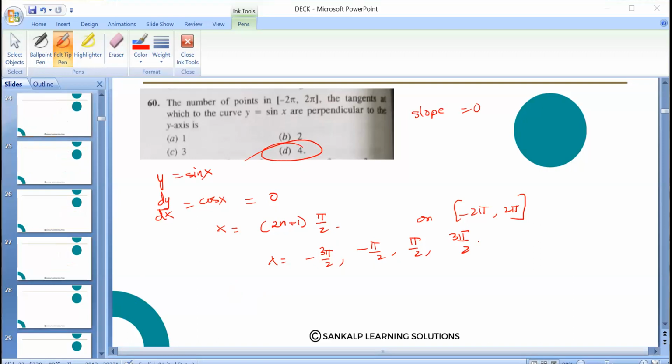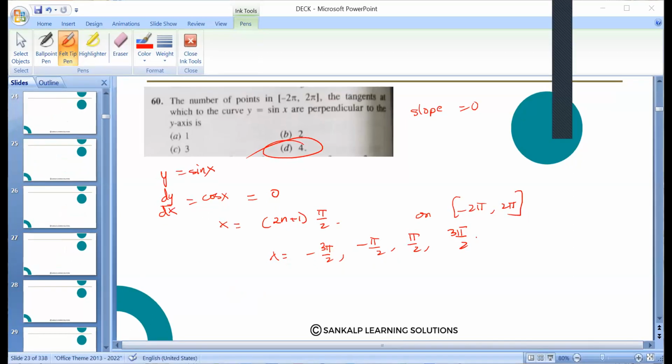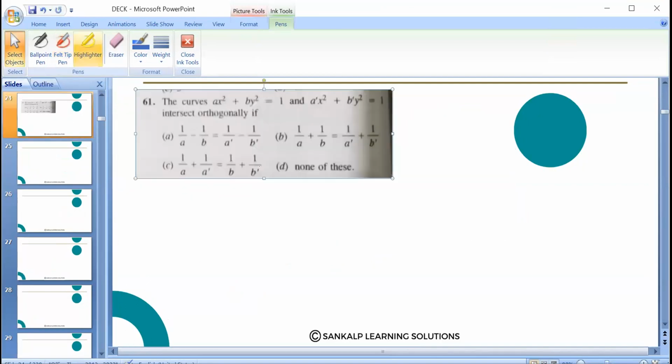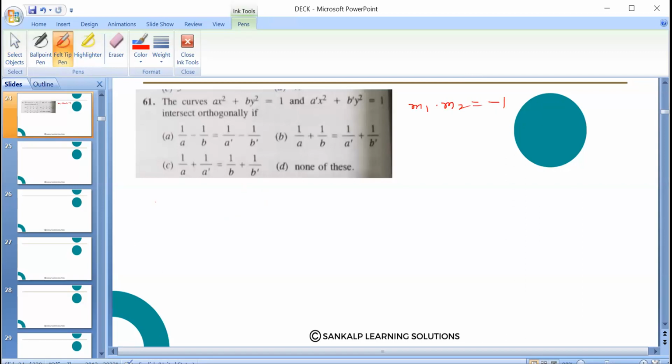Next is 61. The curves ax squared plus by squared equal to 1, a dash x squared plus b dash y squared equal to 1 are orthogonal. That means if you take the slope of the first tangent and the slope of the second tangent and multiply, you must get minus 1.